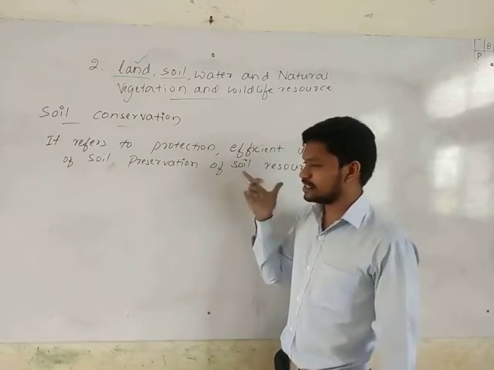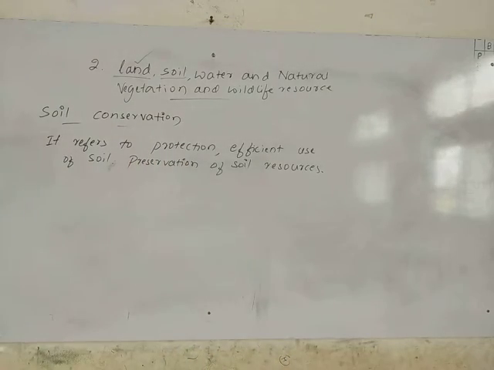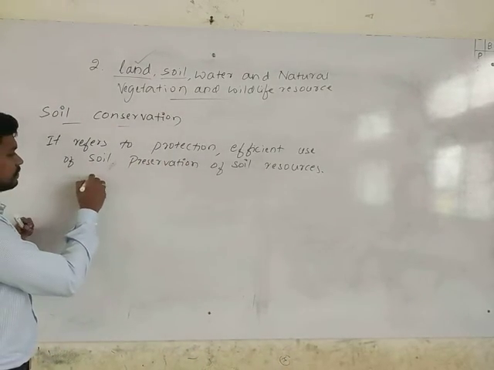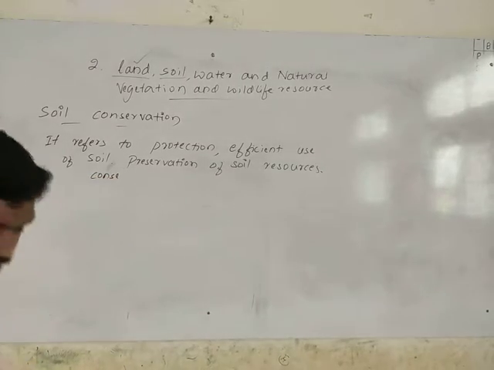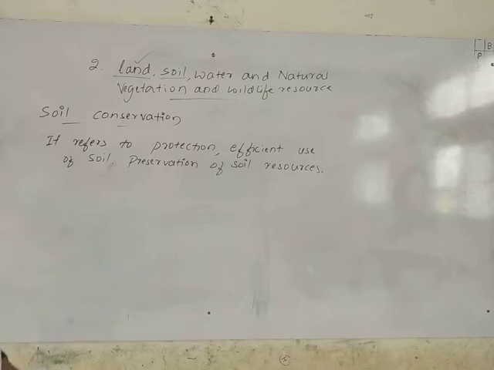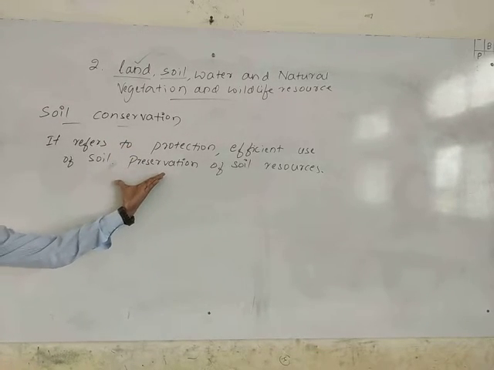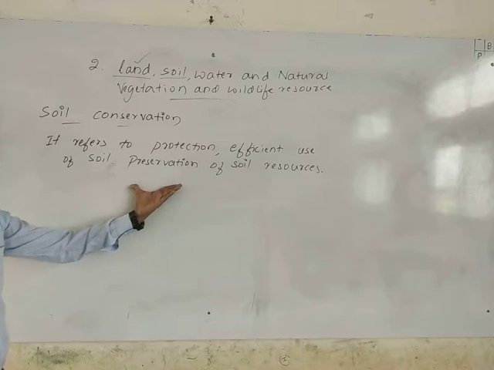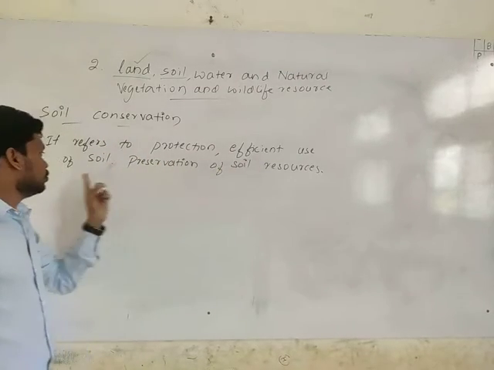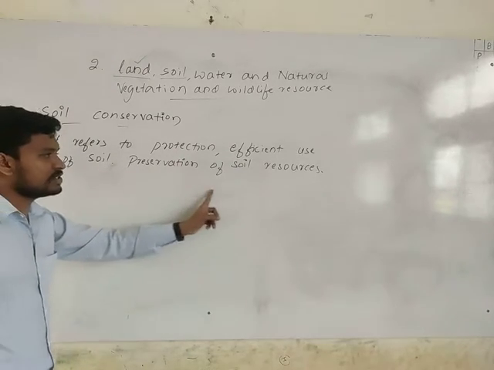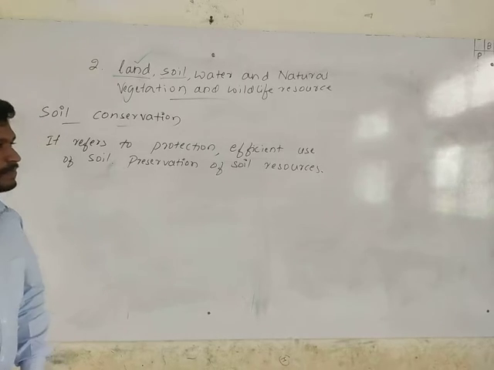Then what are those conservation measures? Right, we'll go for the next point. This is the definition of soil conservation. Make it fast. Soil conservation refers to protection, efficient use of soil and preservation of soil resources.